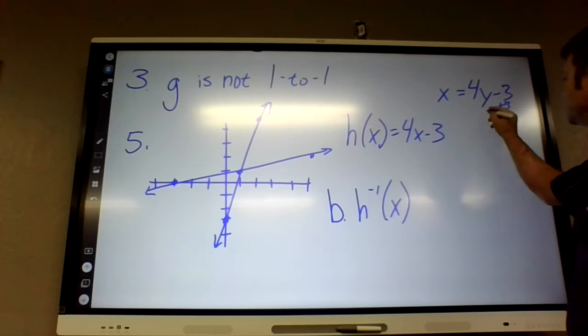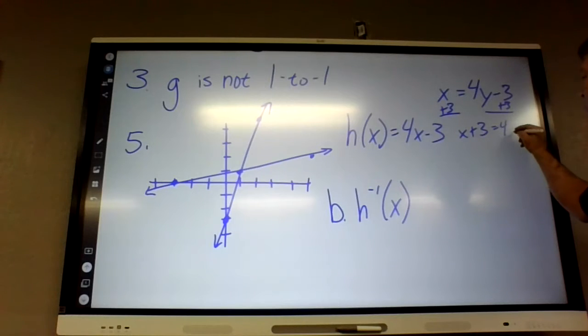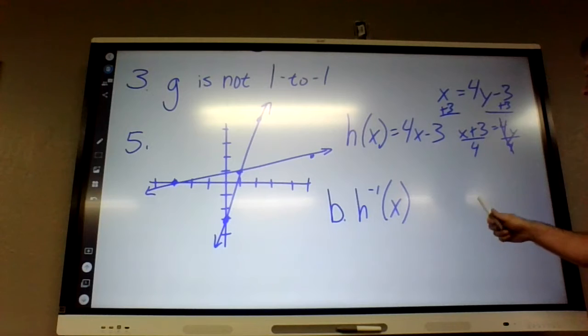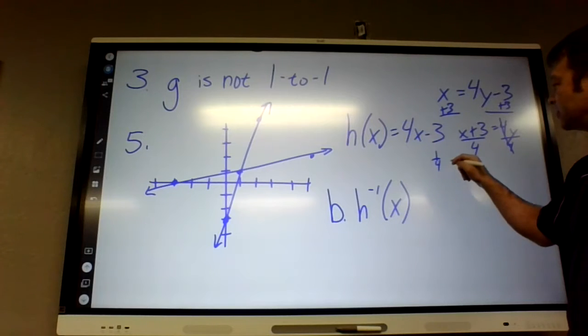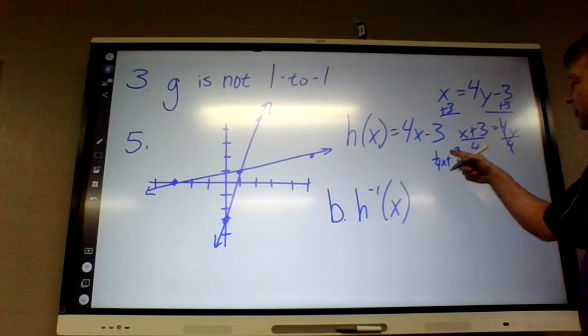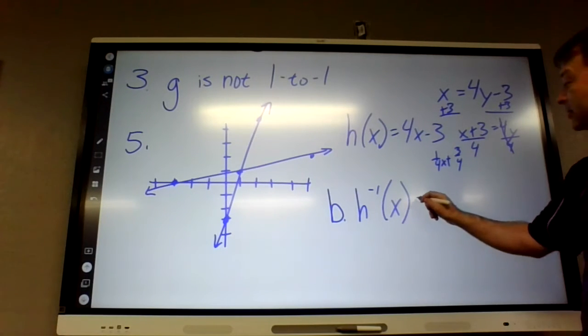Plus 3. Divide by 4, right? You could leave it like that, or you could split it up. It's also 1/4 x plus 3/4. Anyway, either of those would be the answer.